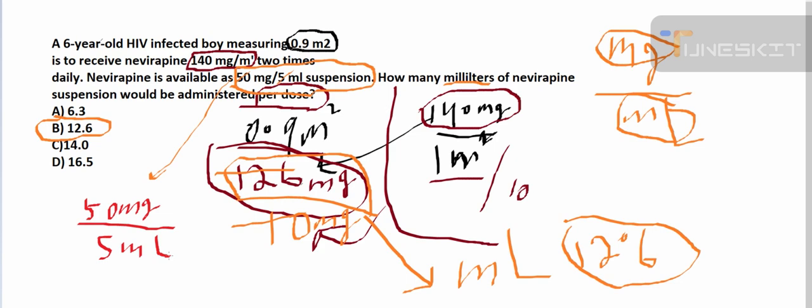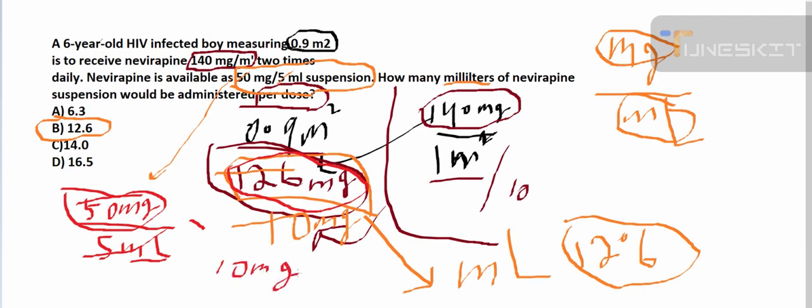Now this is also in mg, and this is also in mg. We have to get ml. Divide this one, you will get 10 mg per ml.